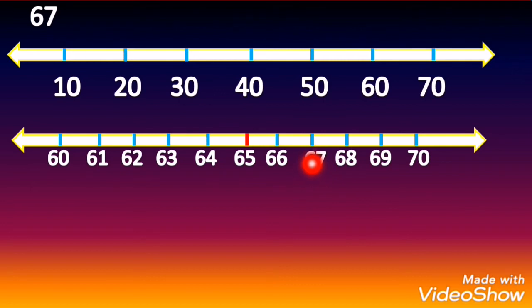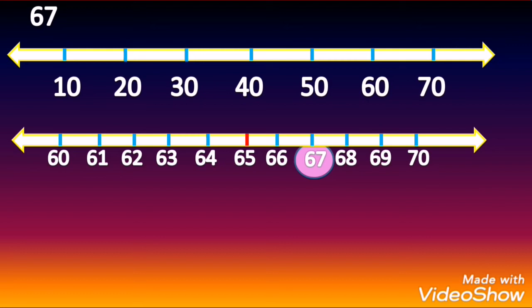Yes. And you can see you need to take 1, 2, 3 steps to move from 67 to 70. Whereas how many steps do you need to take from 67 to 60? 1, 2, 3, 4, 5, 6, 7. 7 steps you need to take from 67 to 60.